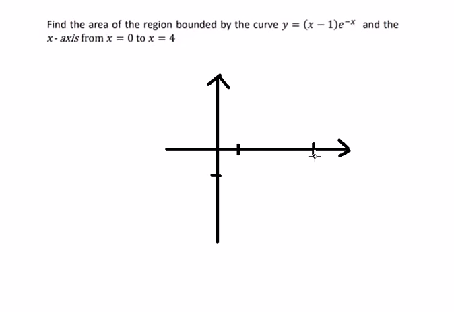And location number 4 should be in here. And the graph should be like this. So if we look carefully, we have two areas: the positive side, the negative side, and the positive side that should be in here.